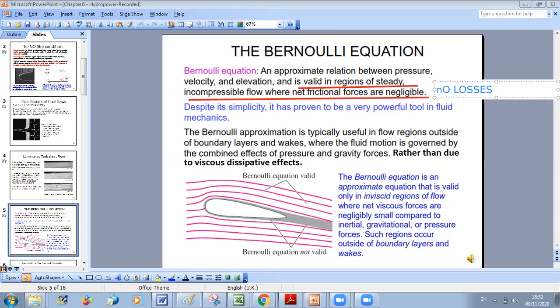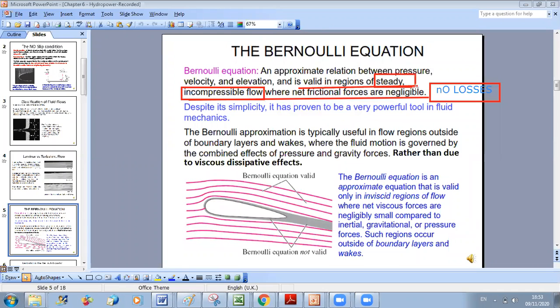So now, as we said, we have conditions to apply Bernoulli. One of these conditions is to have incompressible flow, so nearly constant density, no losses, and we are working in steady conditions.